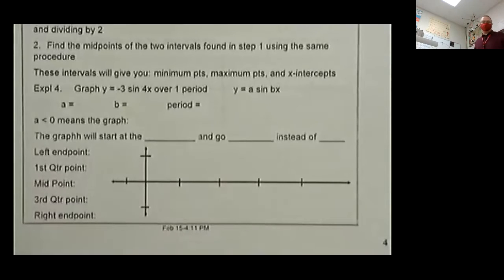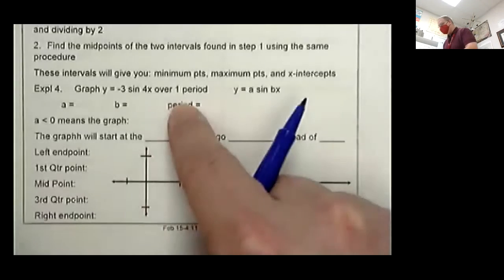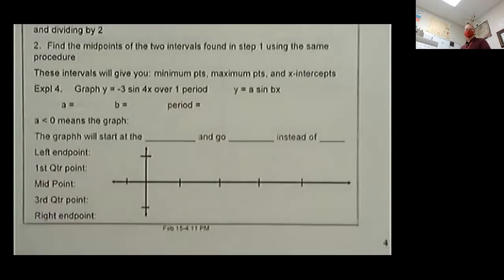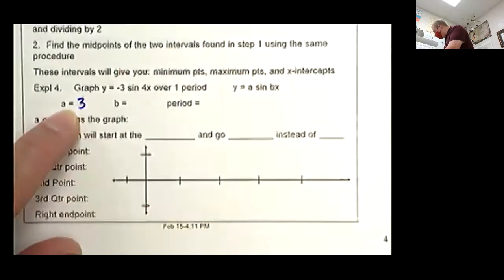Example 4 is a graph. Sketch the graph of y equals negative 3 sine of 4x, and we're doing that for one period. The first thing we're going to do when we're sketching a trig function is identify our parameters. And so what are the values that we have? Our amplitude is 3.